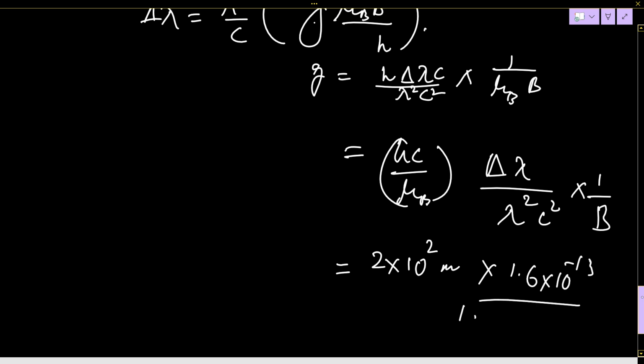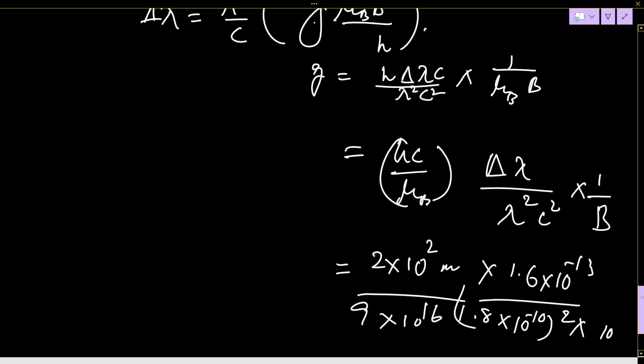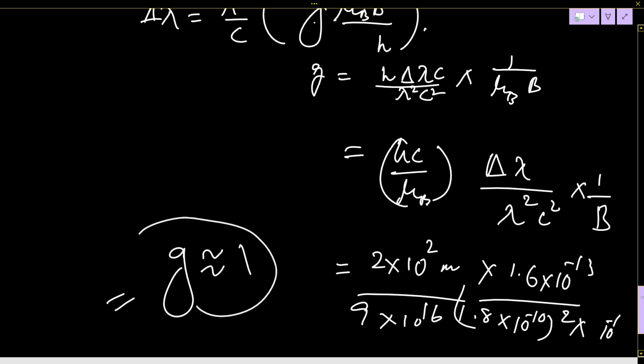Lambda is your 1.8 into 10 to the power minus 10 square into c square 9 into 10 to the power 16 into B Tesla. The Tesla one, what is it? 10 to the minus 1. So if you put everything, all the values, you will get the answer g is equal to almost 1. Okay, this will be what you will be getting. So this is a Lande g factor.